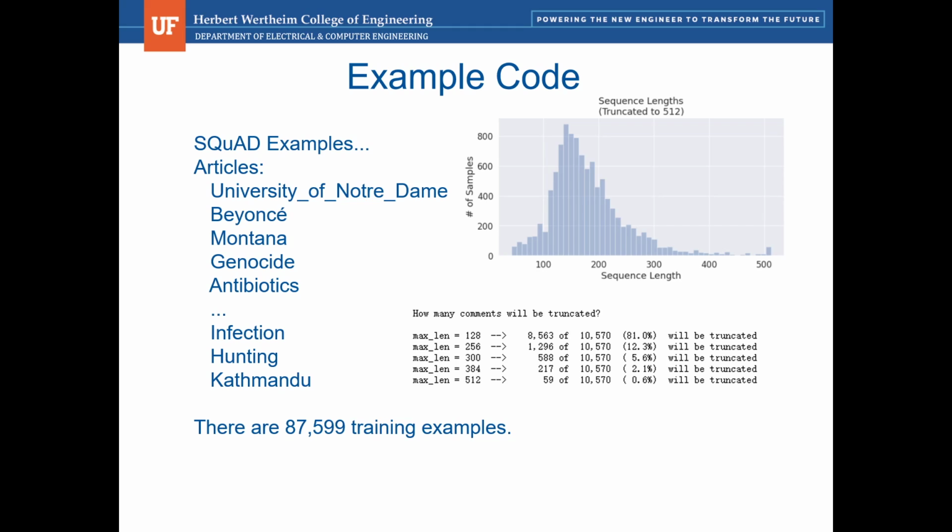Another thing we need to do is decide on the truncation strategy for this dataset. Let's first look at the distribution of sequence lengths after tokenizing all the samples in the training set.